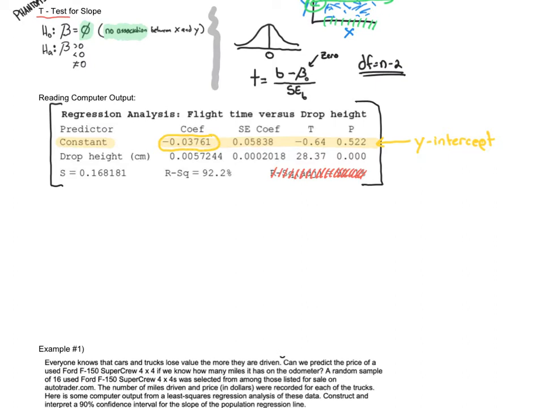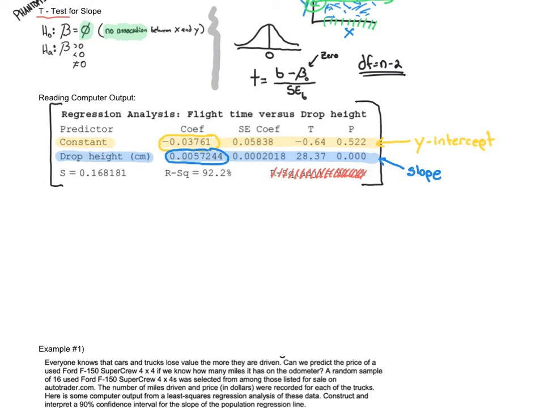Then whatever the descriptive word is, drop height in centimeters, that entire row belongs to the slope. Matter of fact, the coefficient listed is the actual slope. So that's what we need to know.